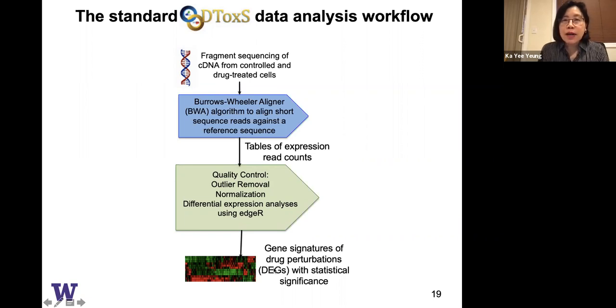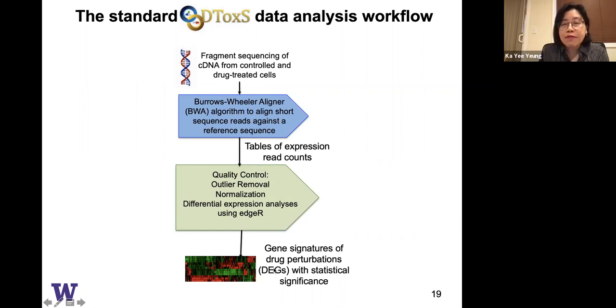This is very much a workflow that mirrors the general framework that we have previously discussed. First of all, in the alignment step, they use a particular tool called BWA, the Burrows-Wheeler Aligner, to align short sequence reads against a reference sequence. We're going to talk a little more about the details of BWA in a bit. And the next step would be the table of counts.